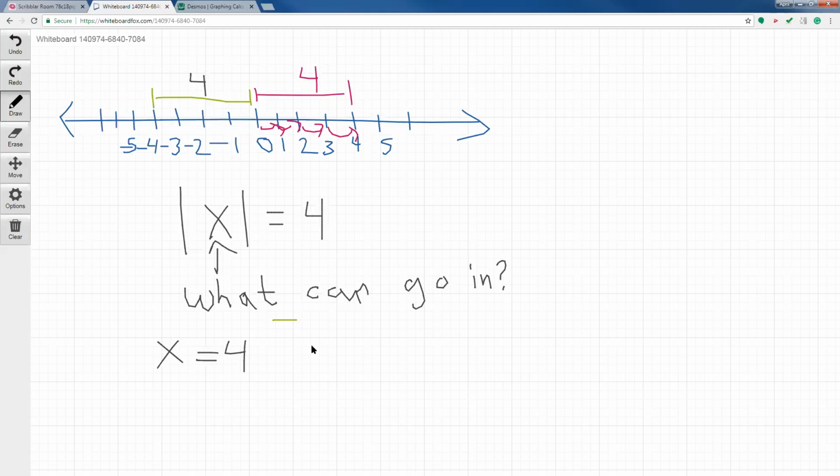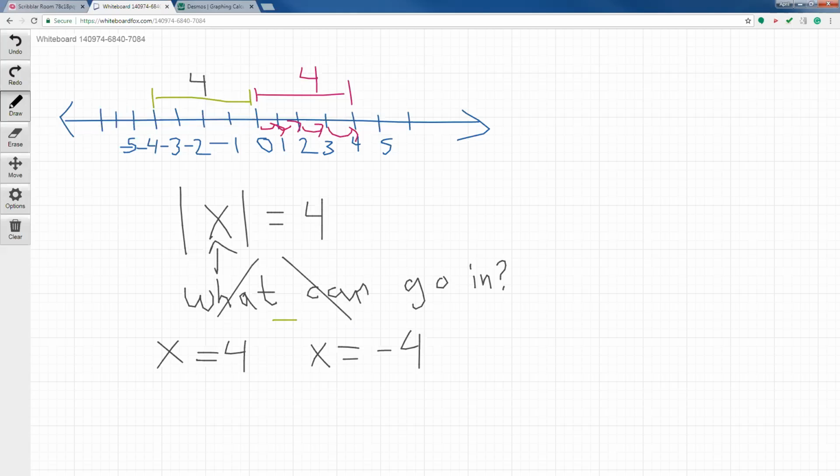The second one is negative 4. Those absolute value bars literally gave us 2 options. There's really just 2 answers. X could be 4 or X could be negative 4. We basically just split this up into 2 separate things. One is you could get a 4, one is you could get a negative 4.